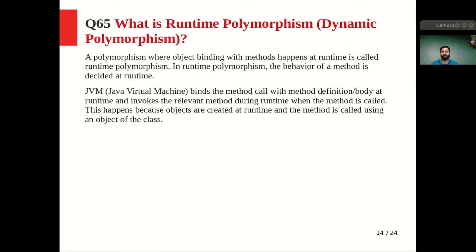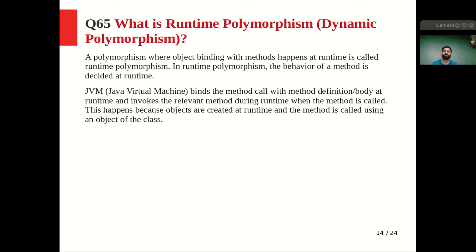So let's move ahead with the next question that you may get: what is runtime polymorphism? Runtime polymorphism is also called dynamic polymorphism. So what is dynamic polymorphism? It is a polymorphism where the binding of an object with a method happens at runtime. In compile time polymorphism, as we have discussed, the method binding was done at compile time.